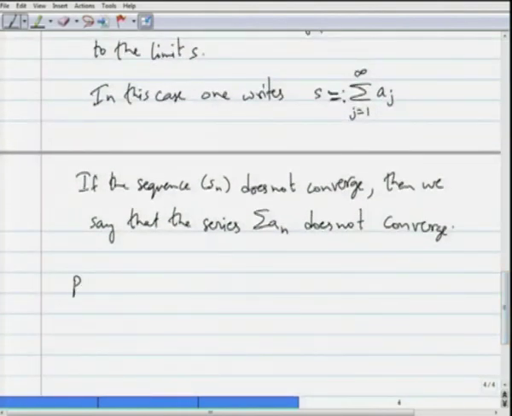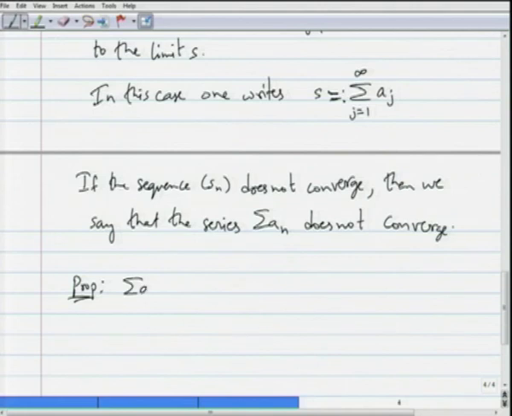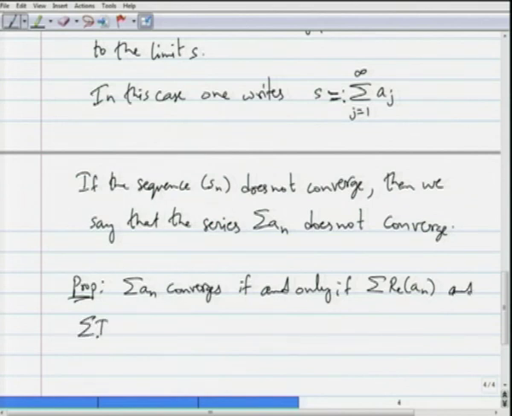And by splitting a complex number a n into its real and imaginary parts, one can conclude the following: sigma a n converges if and only if the sigma of the real parts of a n and the sigma of the imaginary parts of a n both converge.